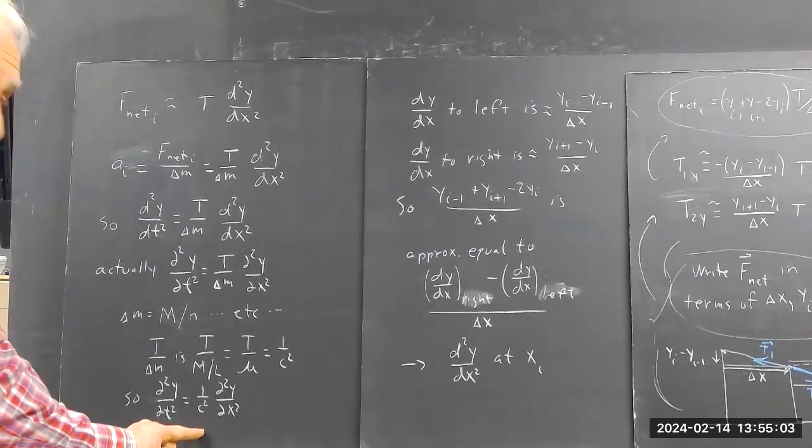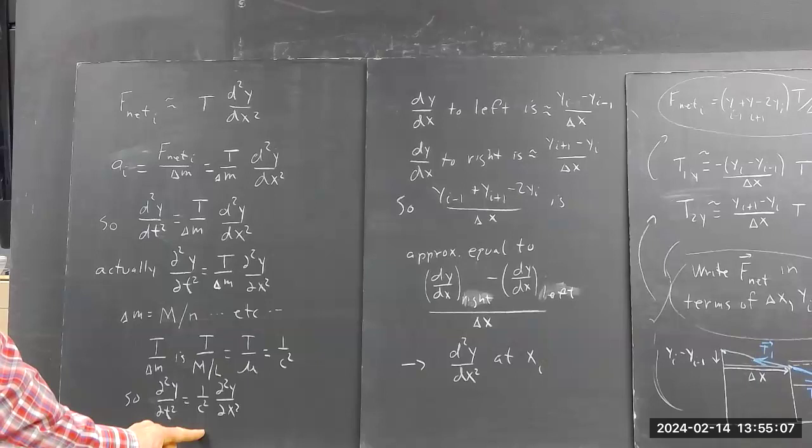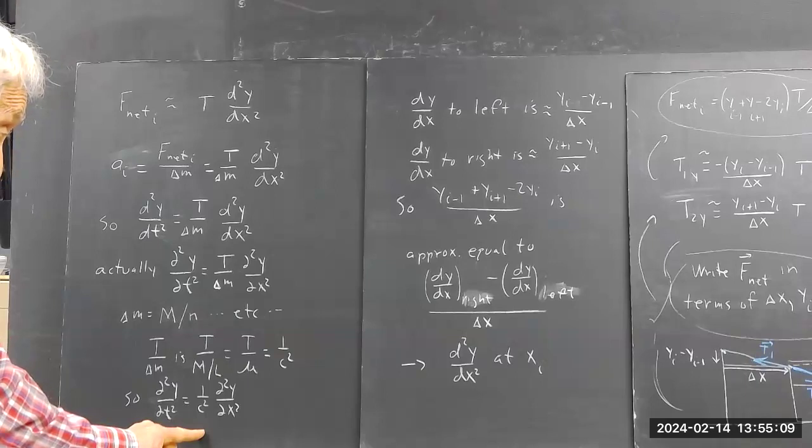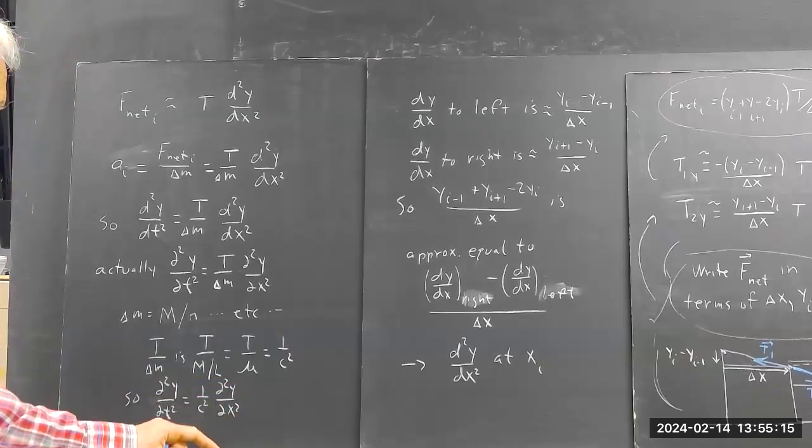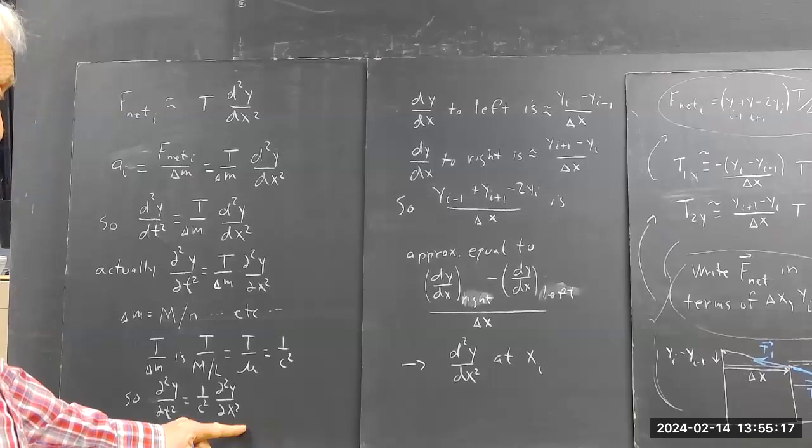And we have this equation that's a universal equation for wave motion. Partial differential equation. And the units check out. This is in reciprocal meters squared.